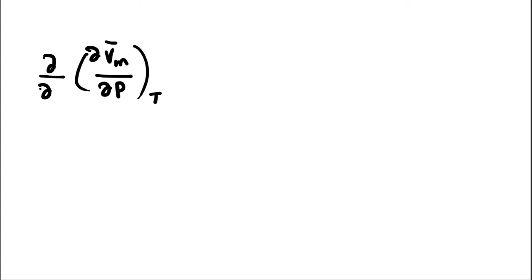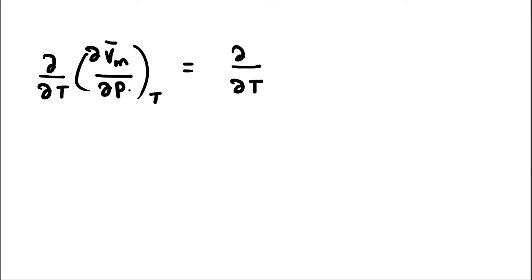So now let's take the dVm over dP at constant temperature. For this we are going to take differentiation with respect to T. So that is going to be d over dT.